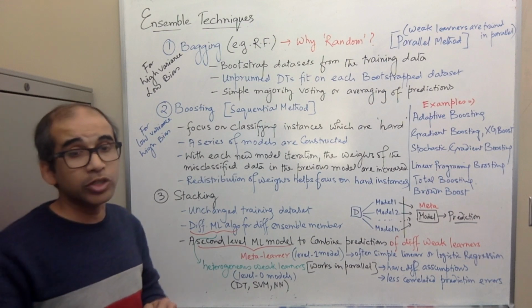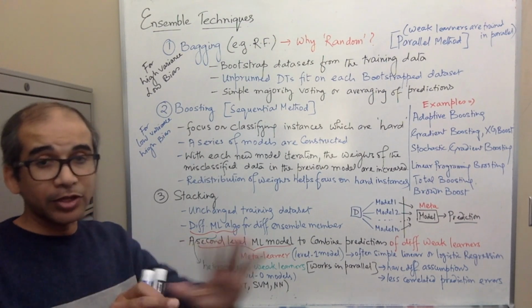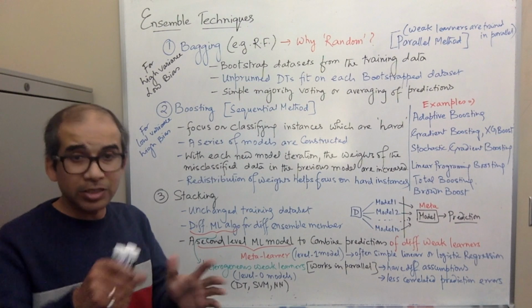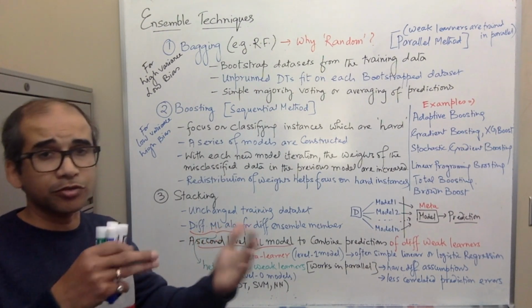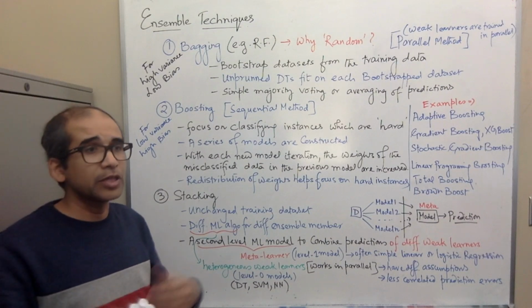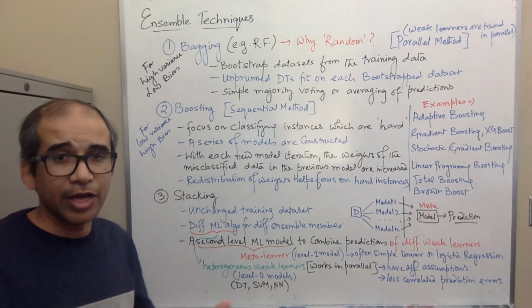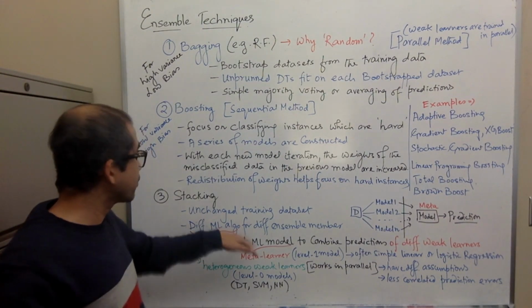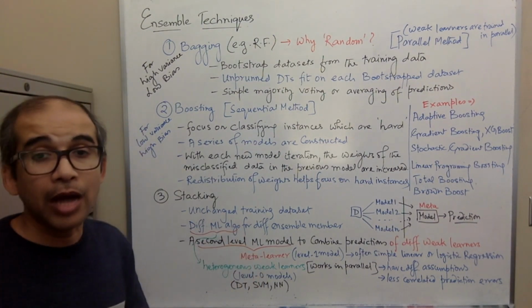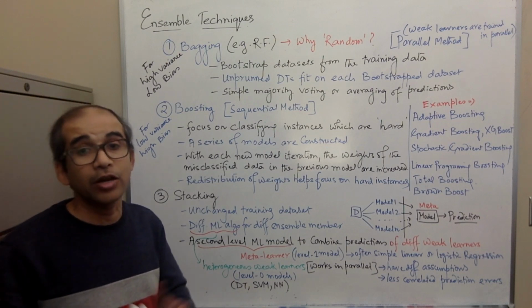In stacking, we just use the same data set and give it to different ML algorithms. But sometimes, in some variations of stacking, multiple copies or variations of the data set are created, and then they are used. At the second level, different machine learning algorithms are given to different ensemble members.